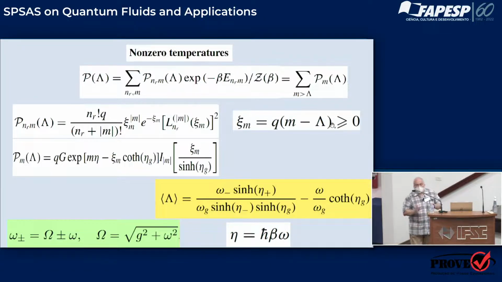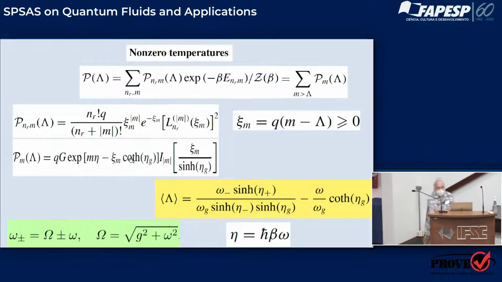Remember that this must be non-negative. And the double sum appears, where the sum over the radial quantum number can be calculated exactly, okay? And we obtain this formula, the sum over m, from one side, not very complicated. This, again, is a Bessel function and an exponential.